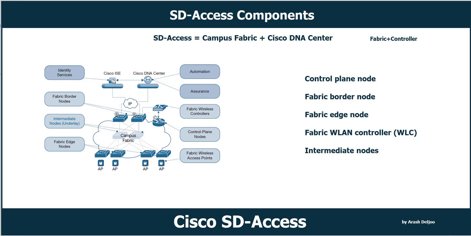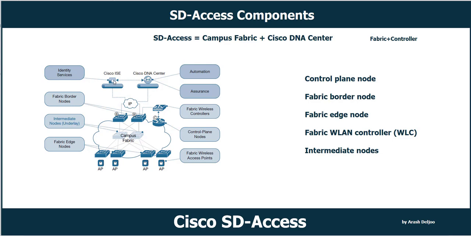After that, we can assign tags to their traffic from Cisco ISE, and this is actually the policy plane of Cisco SDA. With the help of these tags, the scalable group tags that I explained before, we can control the communication inside the SDA fabric.